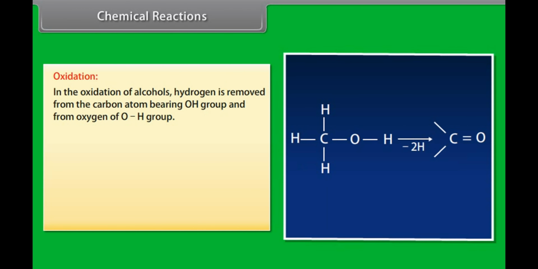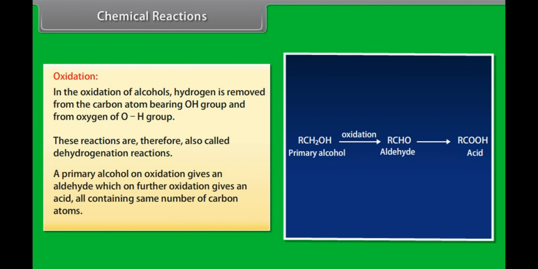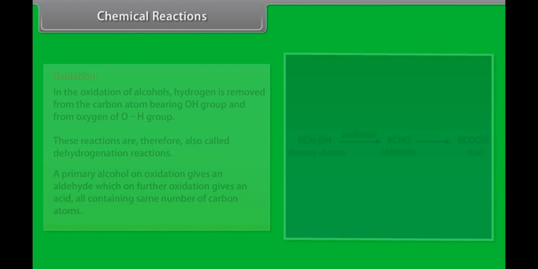Oxidation. In the oxidation of alcohols, hydrogen is removed from the carbon atom bearing the OH group and from oxygen of the OH group. These reactions are therefore also called dehydrogenation reactions. A primary alcohol on oxidation gives an aldehyde, which on further oxidation gives an acid, all containing the same number of carbon atoms.